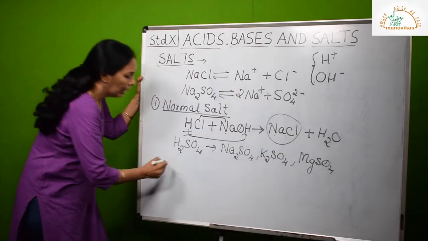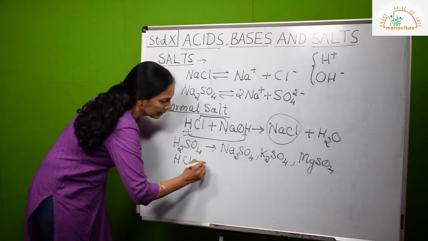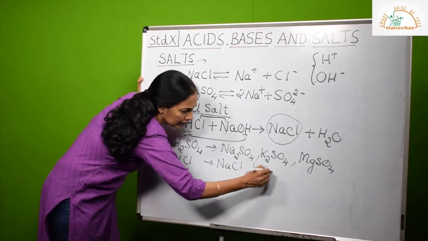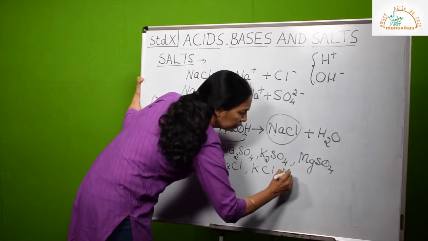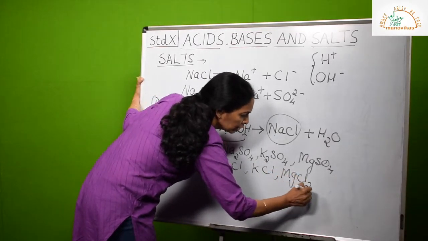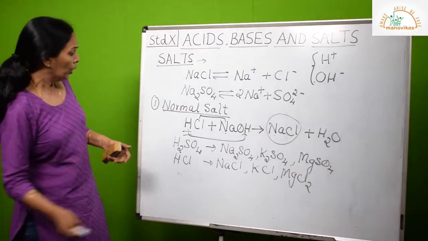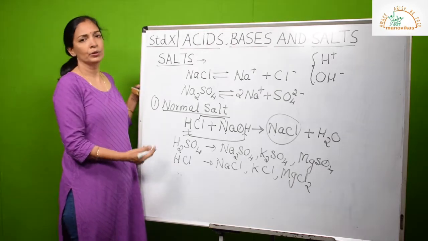With HCl, hydrochloric acid, you get NaCl, KCl, MgCl2 or CuCl2, you can write any one. With carbonic acid, H2CO3, you will get carbonates.